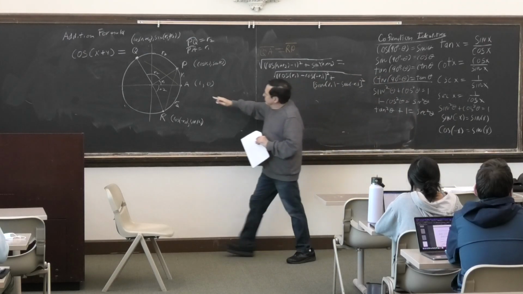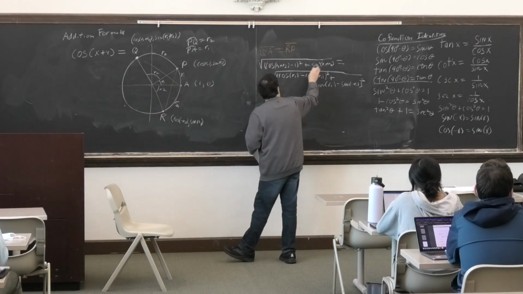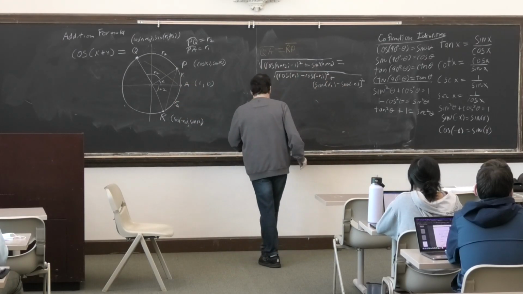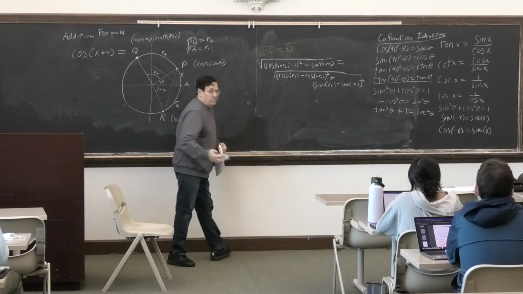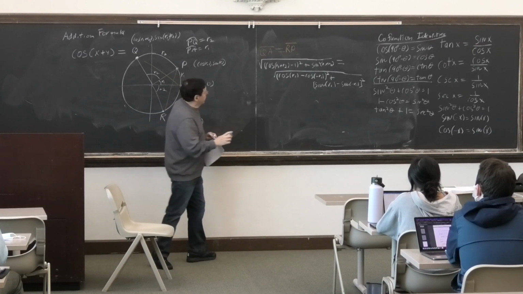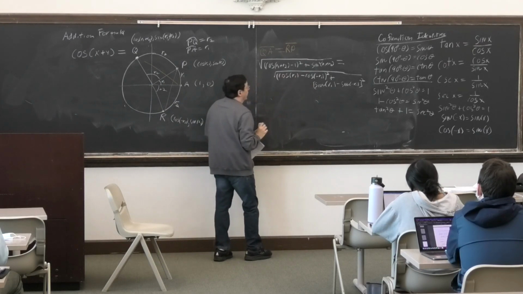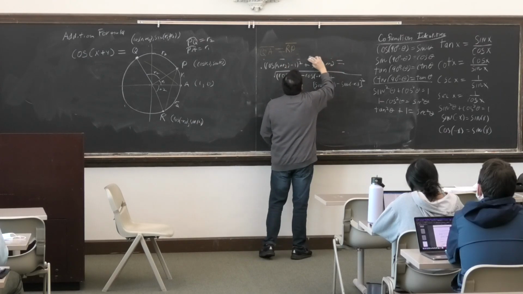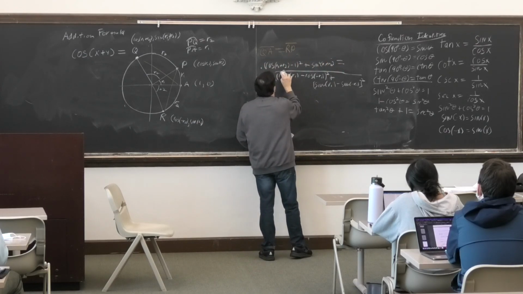So this distance is this square root. This distance is this square root. So now I'm going to do some graphical cheating. I'm going to square both sides, and I'm not going to write it again. I'm just going to erase the square root signs.